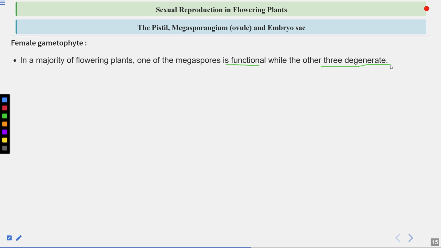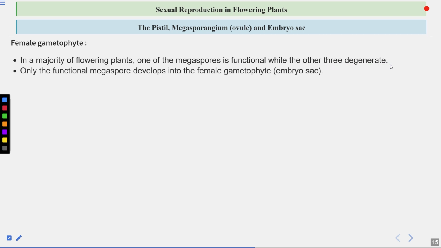The other three degenerate, right? So only the functional megaspore develops into the female gametophyte, which is called the embryo sac.